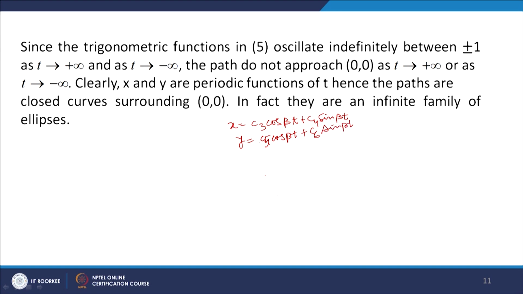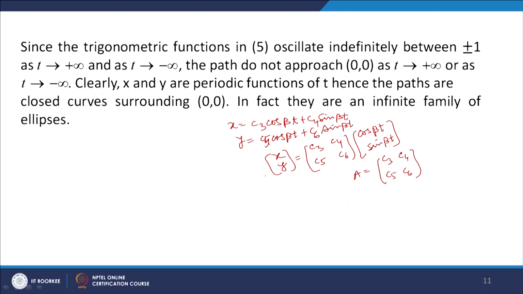I can write this system of equations as x y in the form of a matrix, c3 c4 c5 c6, times cos beta t, sin beta t. So, we have a system of equations. Let me call this the coefficient matrix of this system. So, A is equal to c3, c4, c5, c6. Determinant of A is equal to c3 c6 minus c4 c5.